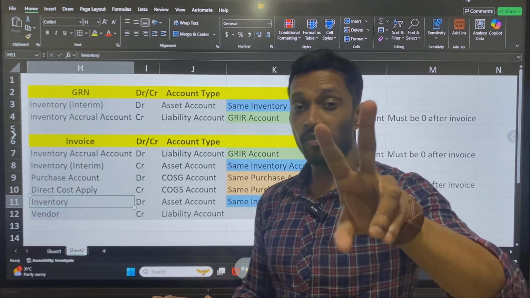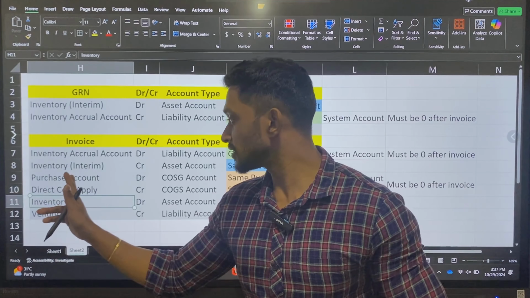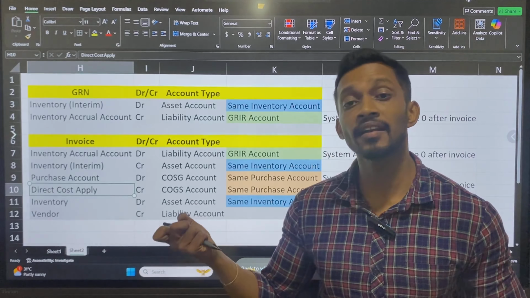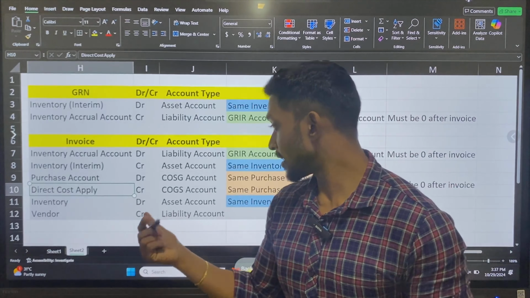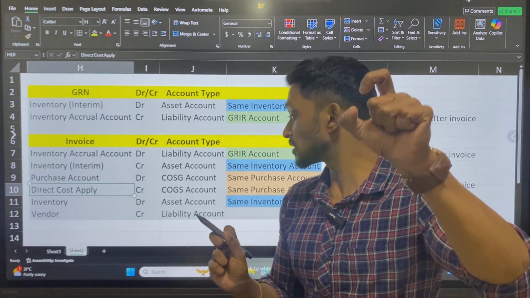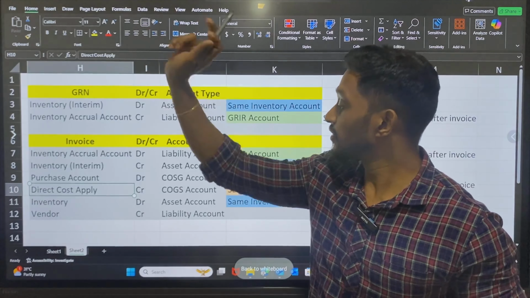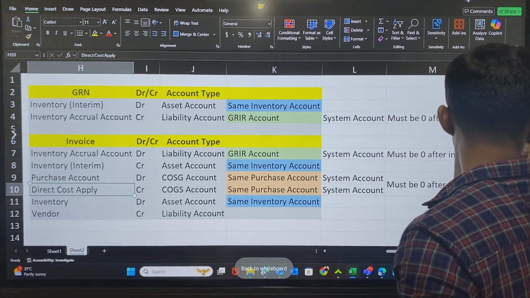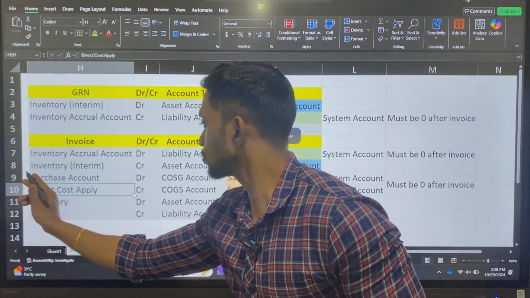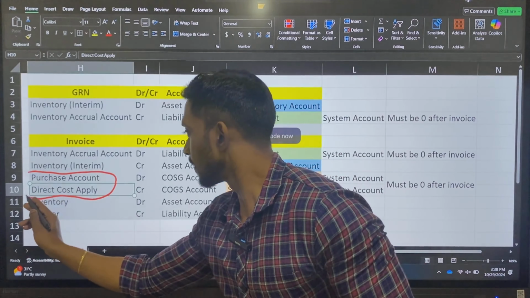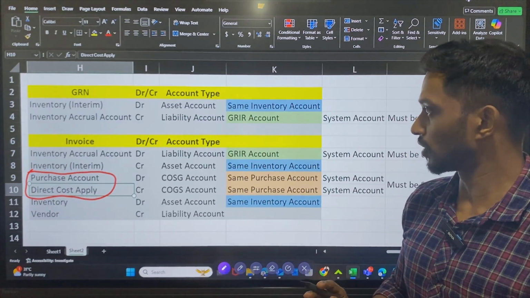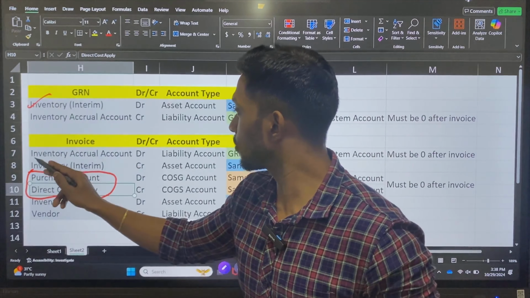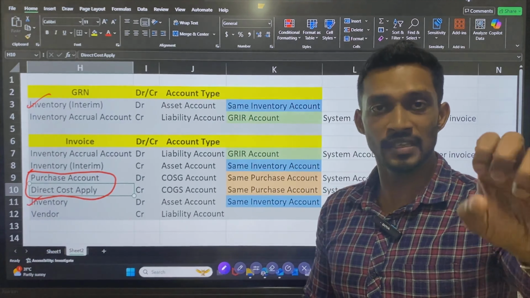Other than that, there are two double entries, the purchase account and the direct cost applied account, which means the purchase entry and the direct cost applied entry. Normally we set up all those accounts in general posting setup. I'll show you, but for these two accounts, most of the time we set up the same account. In normal system implementation, the inventory account and this entry account need not be different.